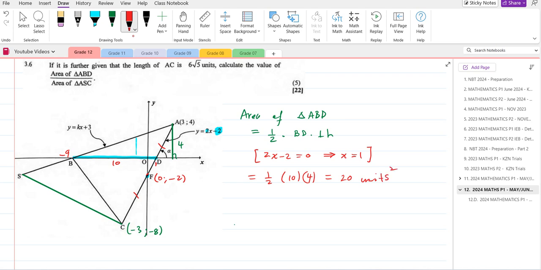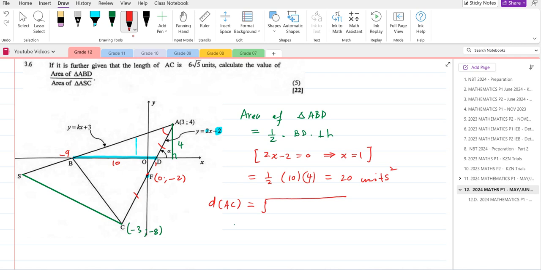Now I've got the area of this triangle. Now the problem is to find the area of this triangle here, ASC. To find the area of this triangle, it is difficult to find the perpendicular height. So I'm going to use this angle and the distance of AS and the distance of AC. So I need to calculate the distance AC, and we're going to use the sine formula, half AB sine C, that formula.